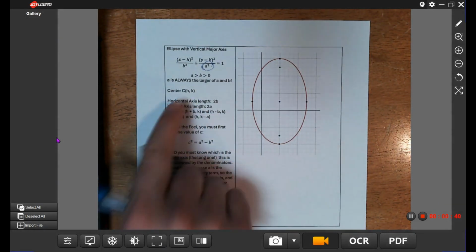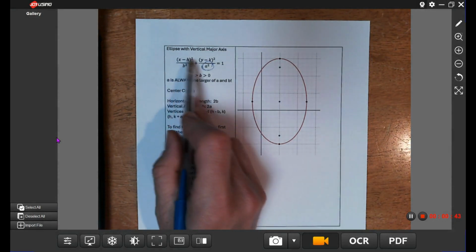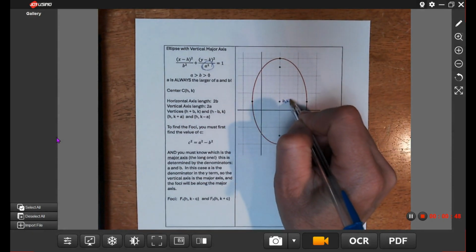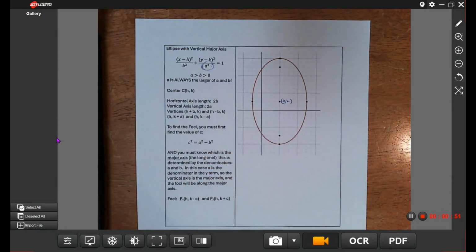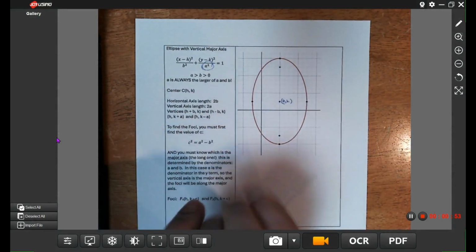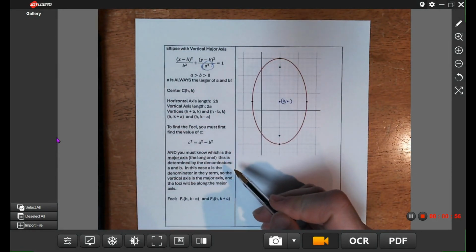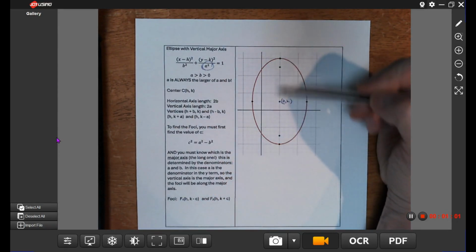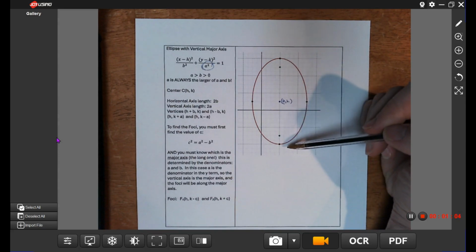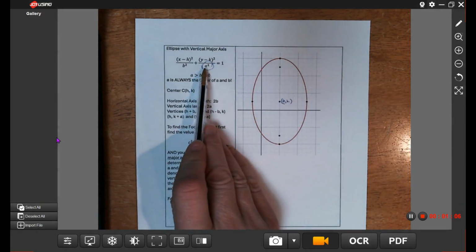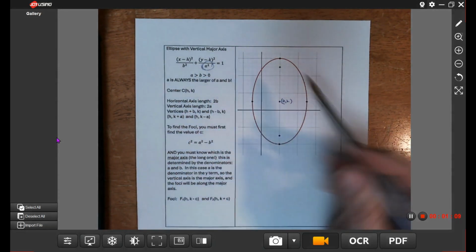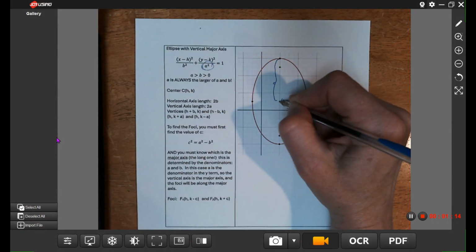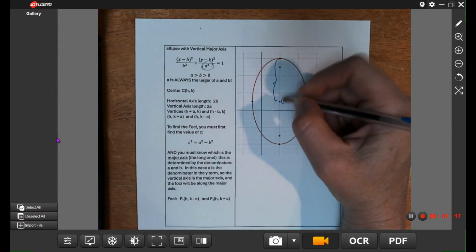So let's start by finding the center. The center is always (h, k). Notice opposite signs. Now we need to identify the vertices and the foci. Let's do the major axis vertices first, the vertical axis. The denominator on the vertical axis is a, so the distance between a vertex and the center on the major axis is a.